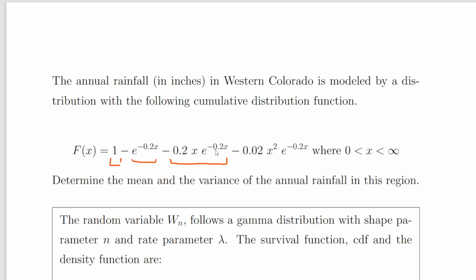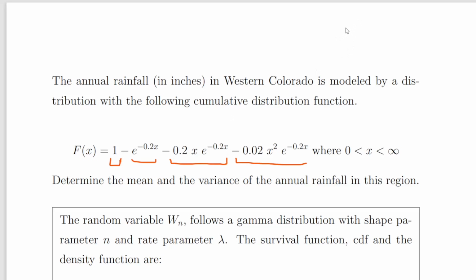then e to the minus 0.2x again, and then minus 0.02x squared times e to the minus 0.2x. Essentially, apart from the first term, we have e to the minus 0.2x in each of those expressions, so just make a note of that.